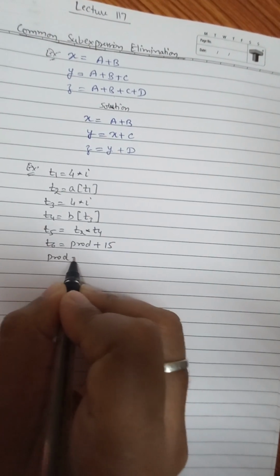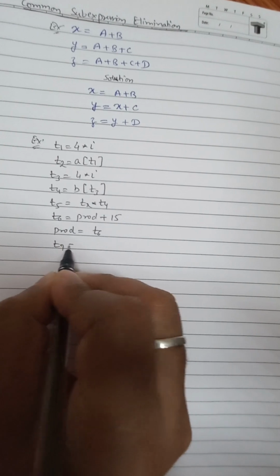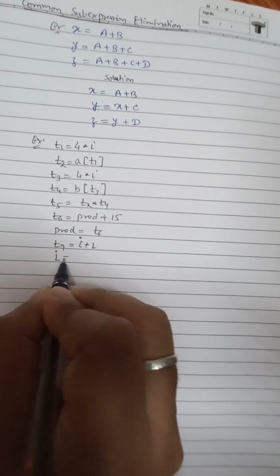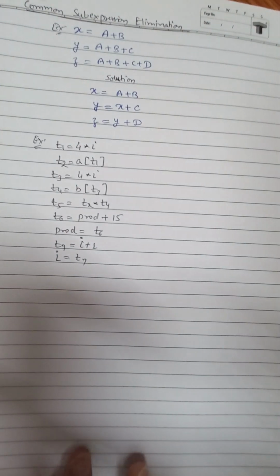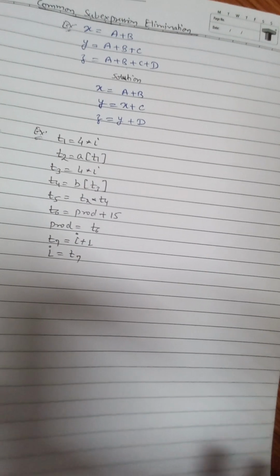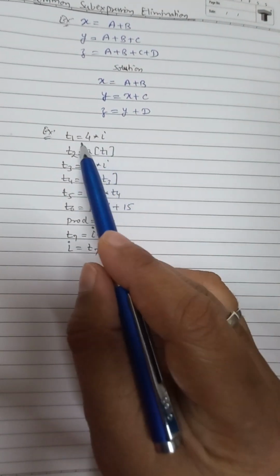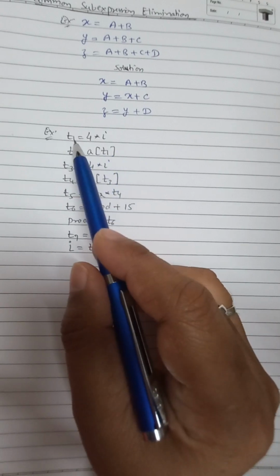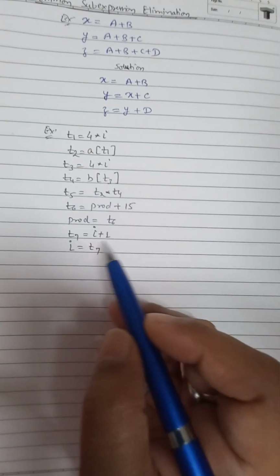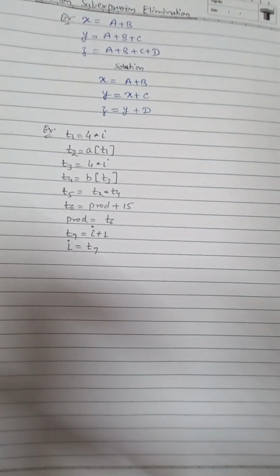Product is equal to T6, and T7 is equal to I plus 1, and I is equal to T7. Here we are also able to see that some common subexpression is there. We have assigned 4 into I to T1, and again 4 into I to T3, right? And here we are also doing the increment. So how can we remove it, we will see.